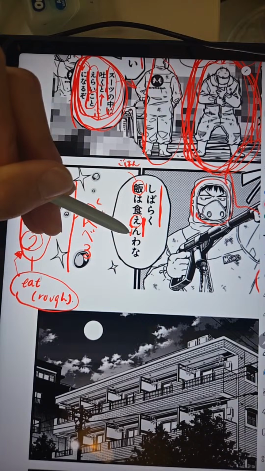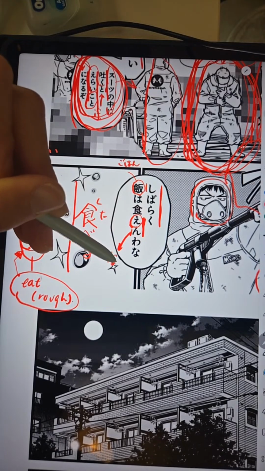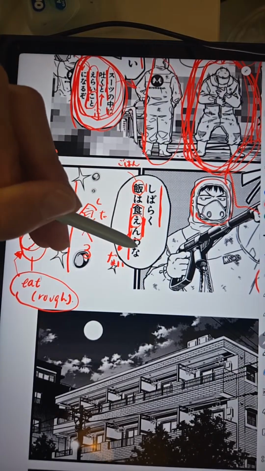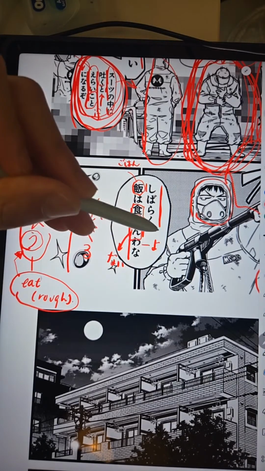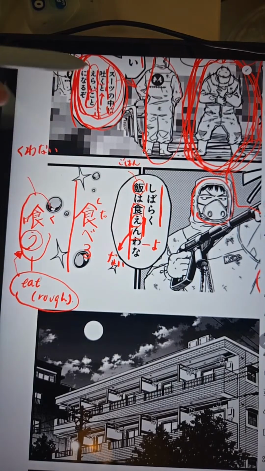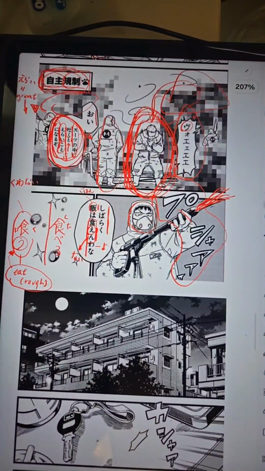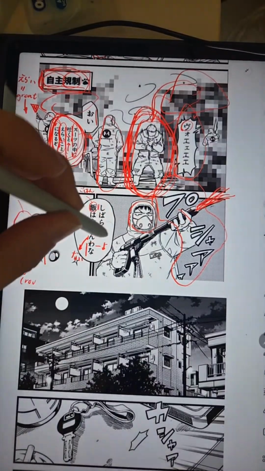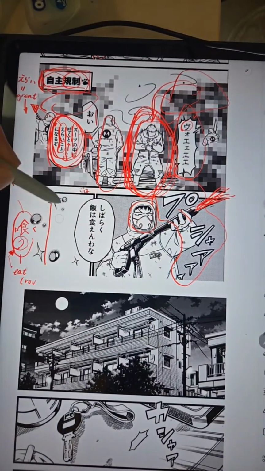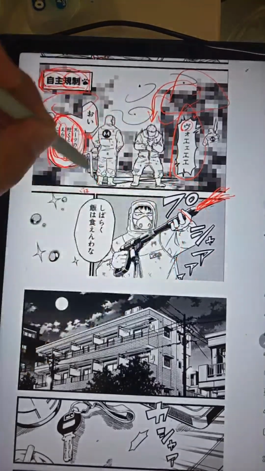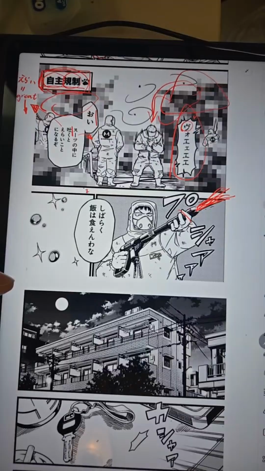The え can mean ない, the negative. 食えない, cannot eat. わな, this わ is also basically like the suffix よ. So with that, you won't be able to eat for a while when you puke inside your suit. That's what this guy is trying to say. Okay.